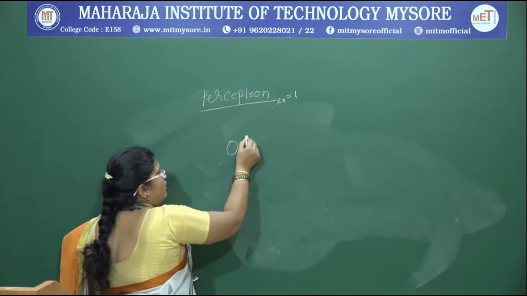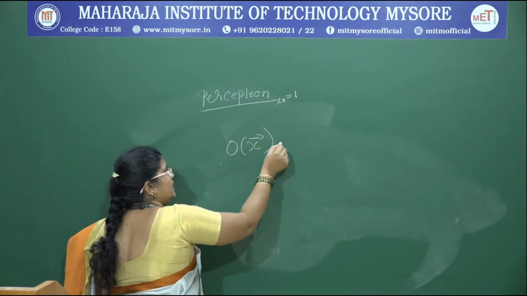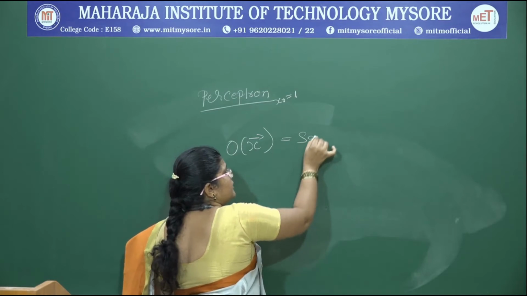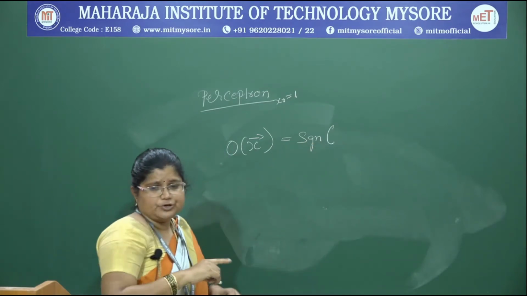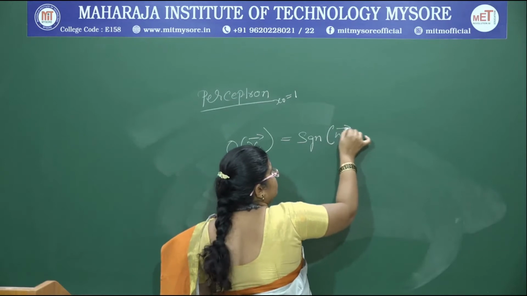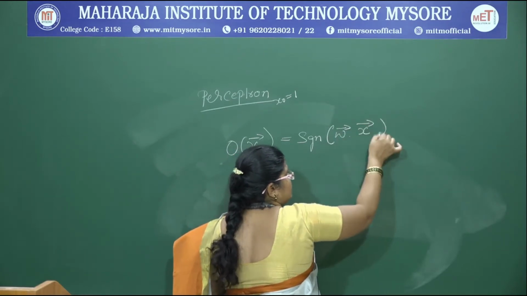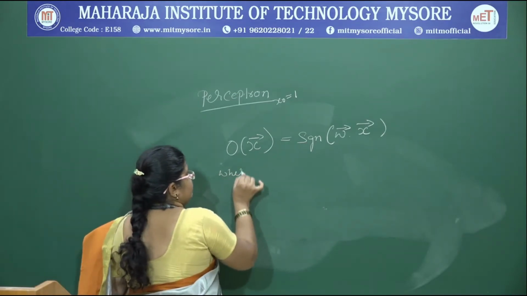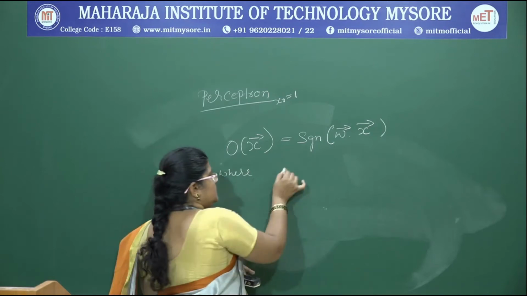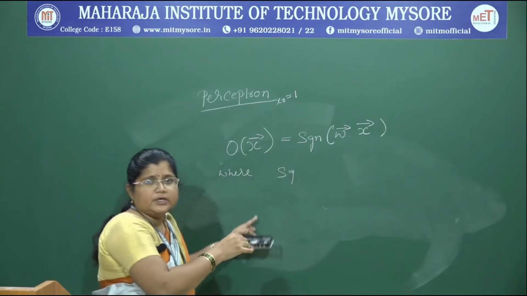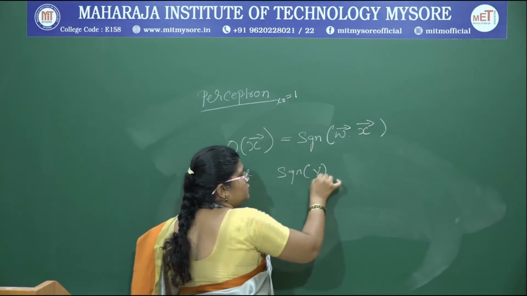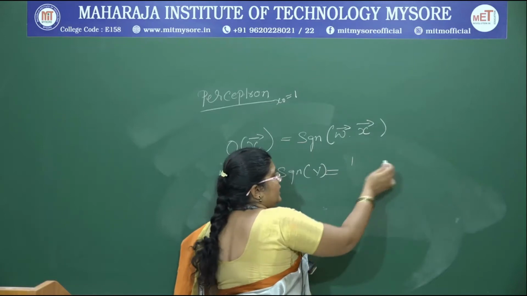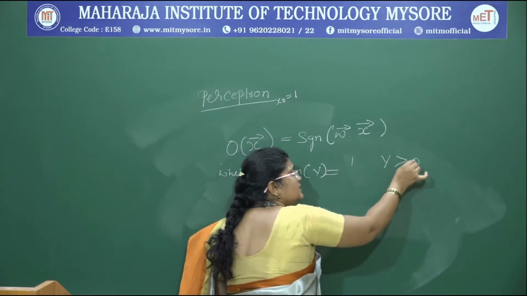That is o of vector x equals sigmoid function of vector w dot vector x, where the output y is equal to 1 if y is greater than 0.